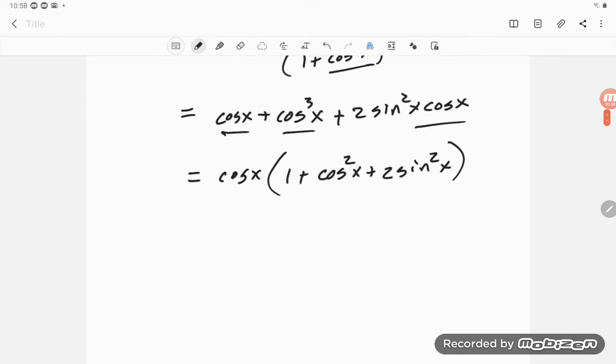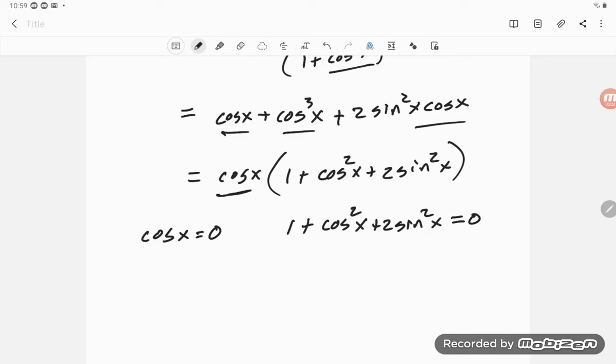Now, one of the places that the derivative will be 0 is when cosine x is 0. Great. But the other is when 1 plus cosine squared x plus 2 sine squared x is equal to 0.